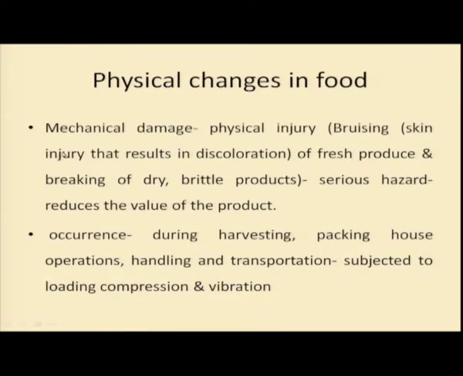Now, when we talk about the changes in the physical appearance of the food, one aspect we have to think about is mechanical damage. For example, if you are taking a fruit, you can talk about physical bruising, the injury caused on the surface. Always remember, the outer skin or the epidermis of the fruit is the one which actually protects the nutritional composition inside, and in any fruit the outer epidermis has to be unblemished.